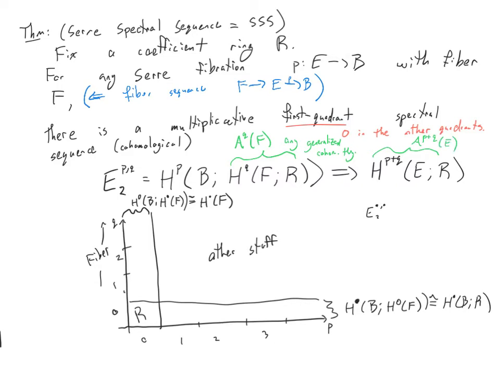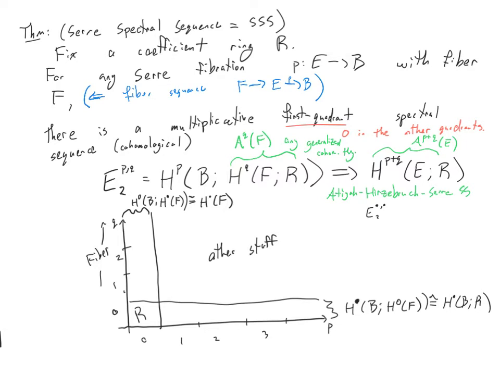So you can actually use this to compute generalized cohomology theories, and in that case, it's often called the Atiyah-Hirzebruch-Serre spectral sequence, because the Atiyah-Hirzebruch spectral sequence tells you how to compute generalized cohomology theories from their coefficient rings, and the Serre one does it for fiber sequences, and so there's some greater generality linking these things together.